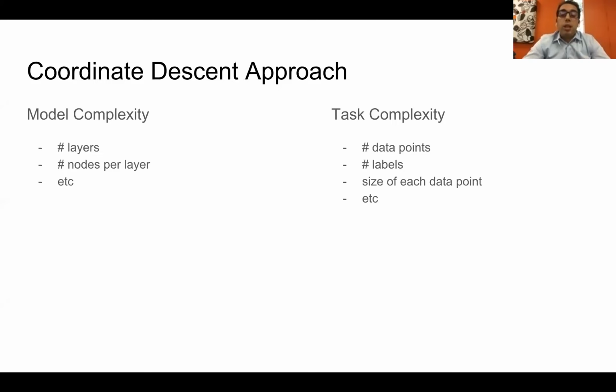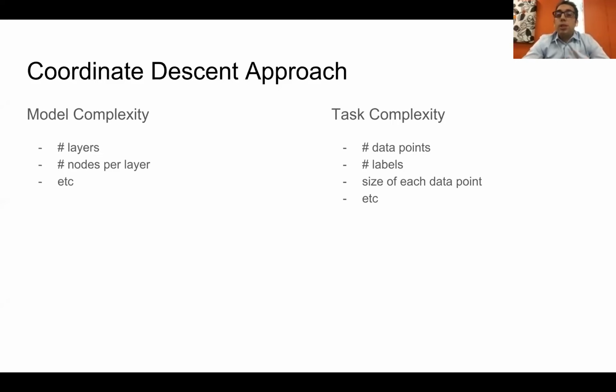On the other side, the other coordinate that we can optimize is the task complexity. Imagine the ImageNet challenge, where we have 1,000 classes and millions of images. This is a very complex task. It has many data points, many labels, and the size of each data point is big, it's an image, and so on.